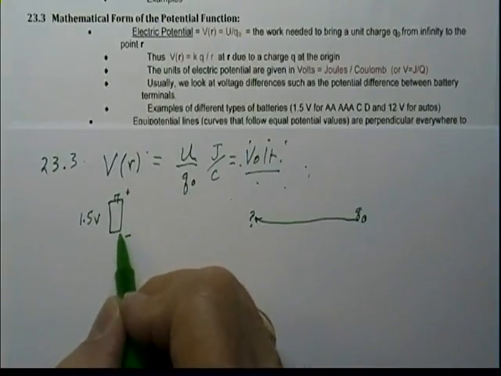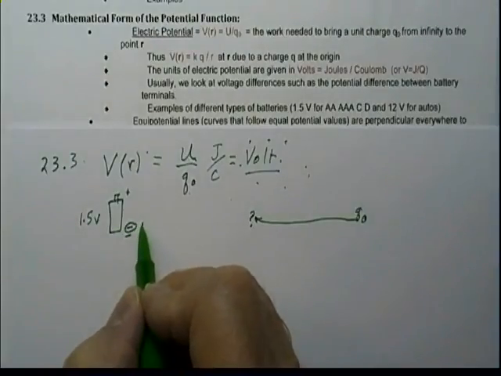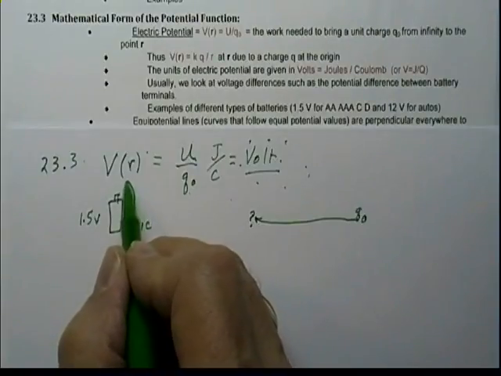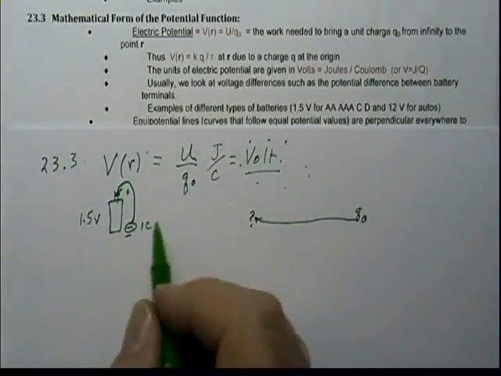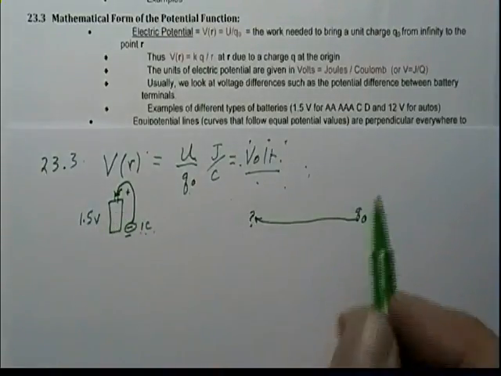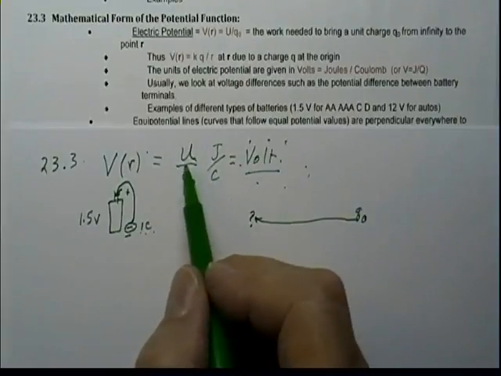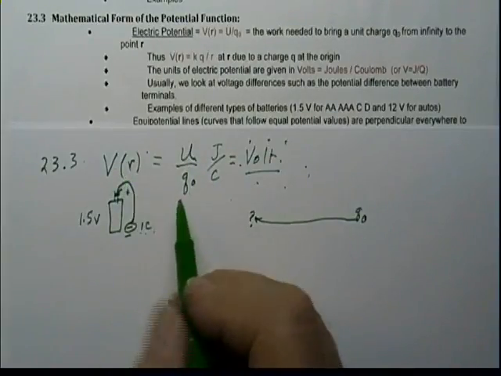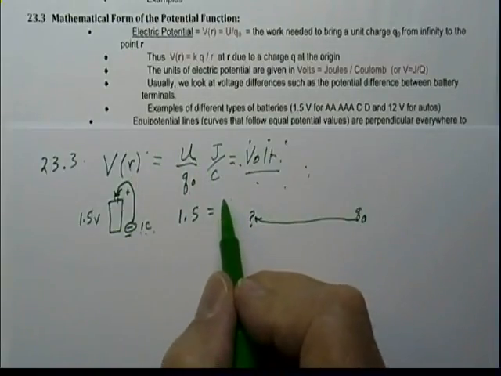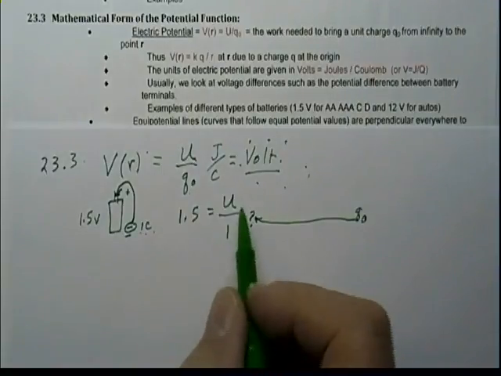And if we took a negative charge down here of 1 coulomb and ripped it off the bottom and brought it up here and pushed it onto the top, that work over 1 coulomb would be a voltage of 1.5, and that would equal the work that we do, the potential, divided by our charge, which is 1.